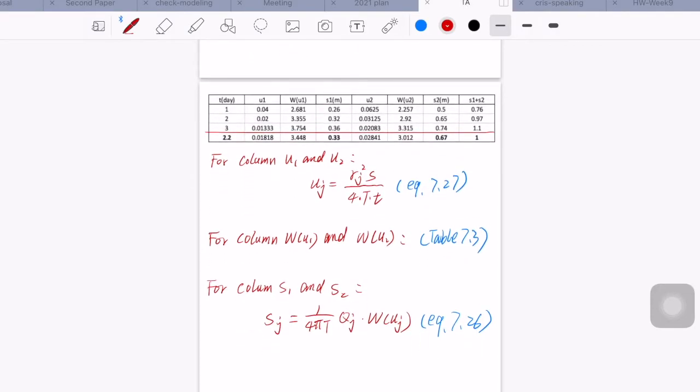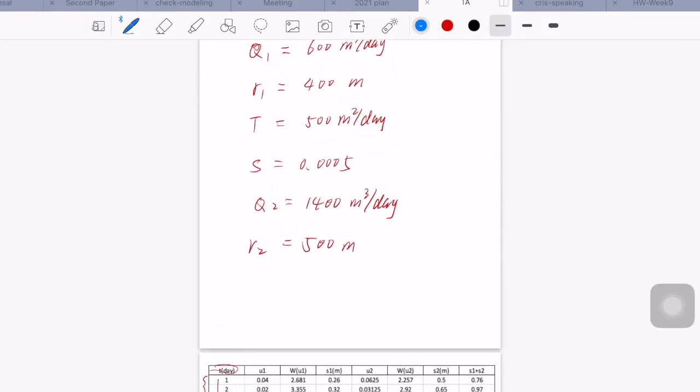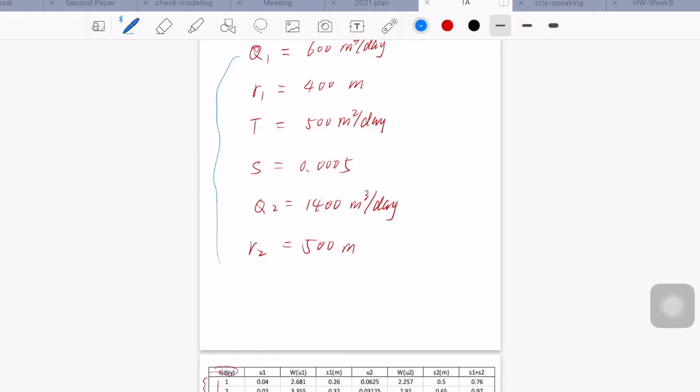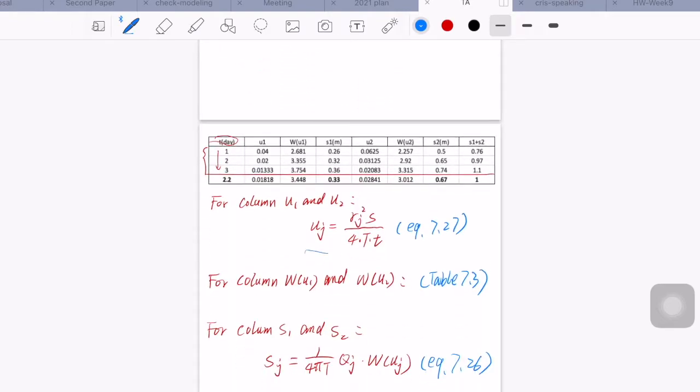Let's look at the first three rows. T is the time, the unit is day. So T is from day 1 to day 3. After we know the time and all these values, we can use this equation to determine the column U1 and the column U2.